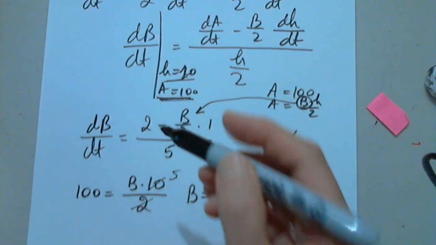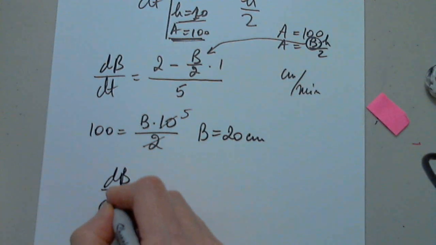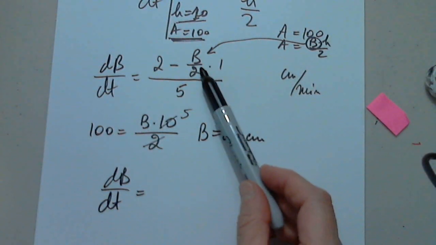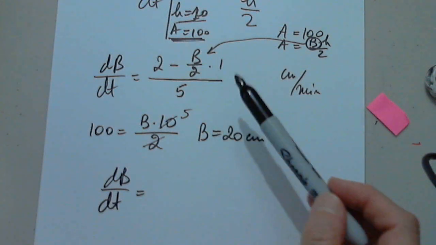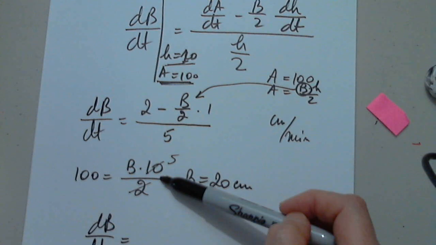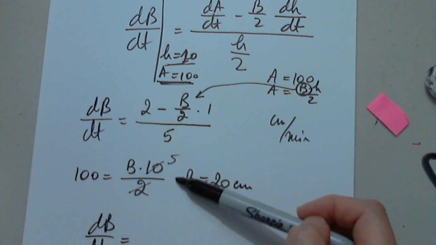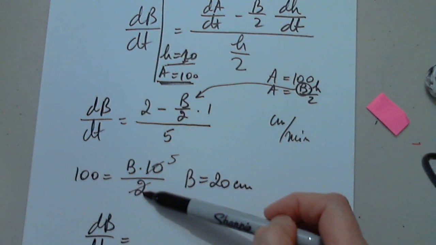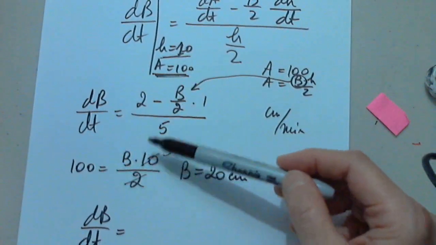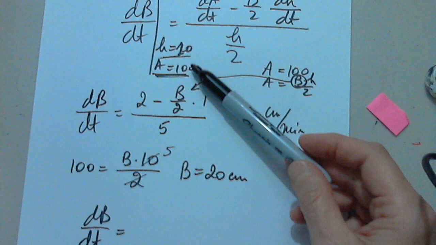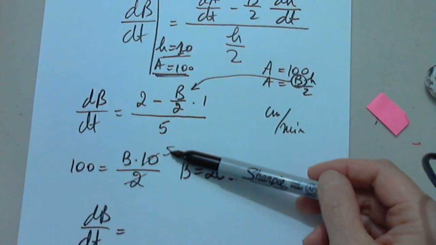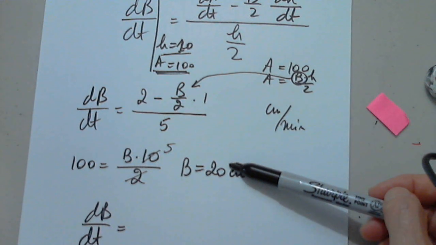So I will plug it in. Then finally dB over dt is 2 minus... So I'm checking my numbers: 100 equals base times height divided by 2. I simplified, I got 5. So this is 20.